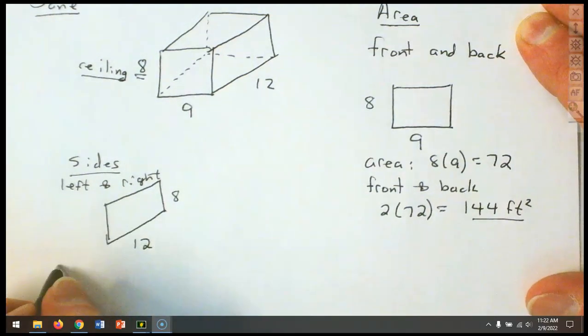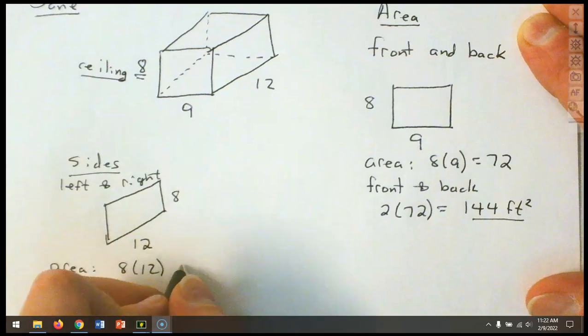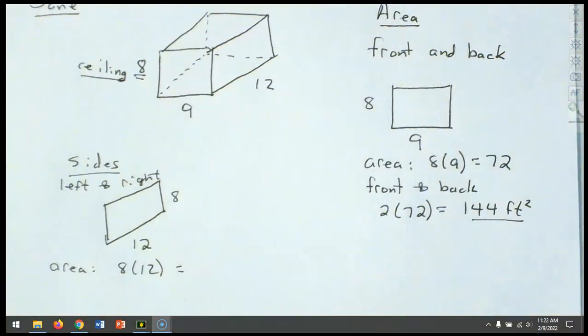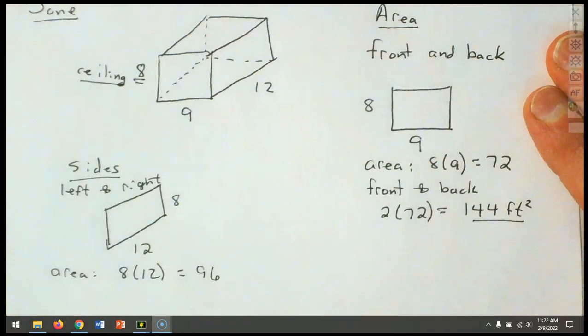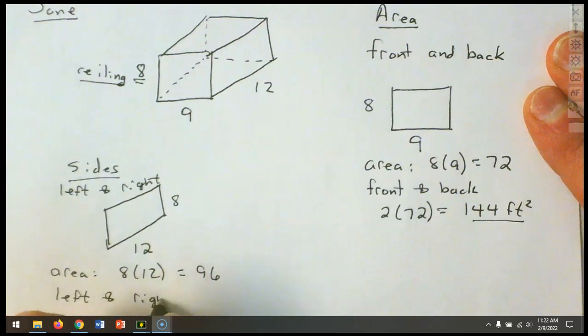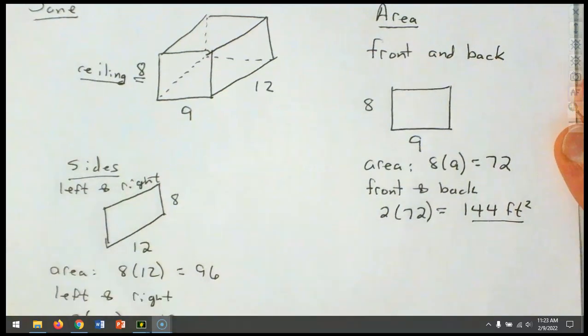So the area is then 8 times 12. And we've got to double it again, don't we? So we have 8 times 12, which is 96. And then we have a left and a right, so we have to double it. And that gives you 192.